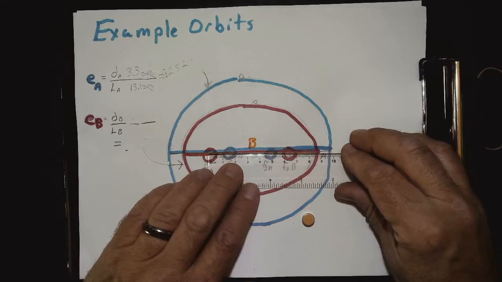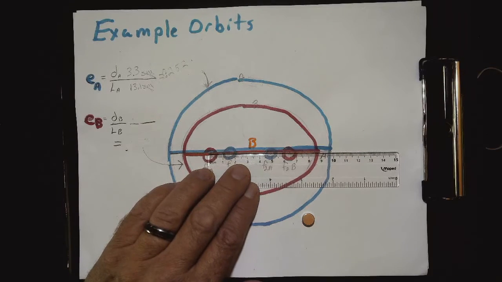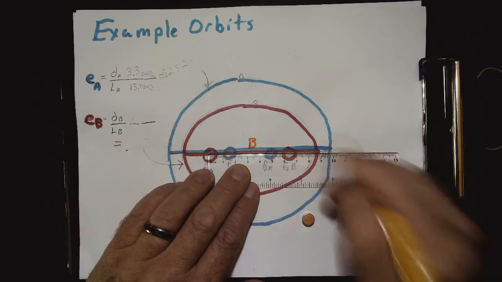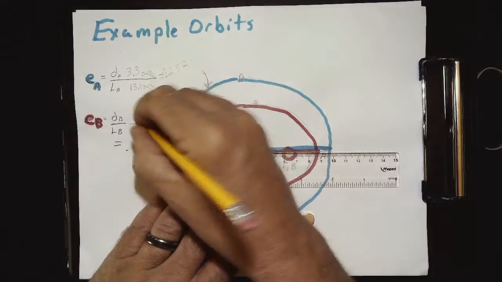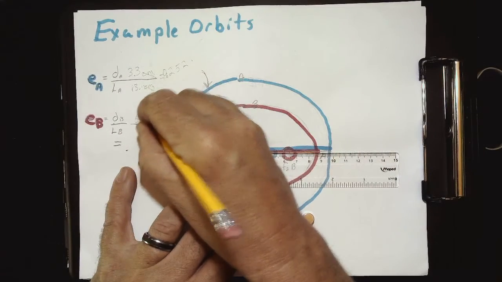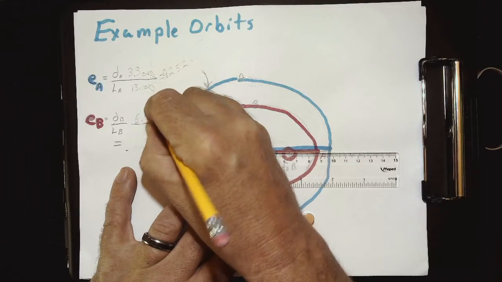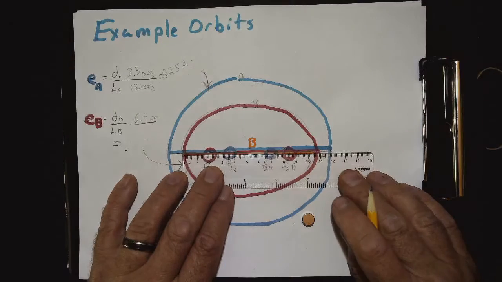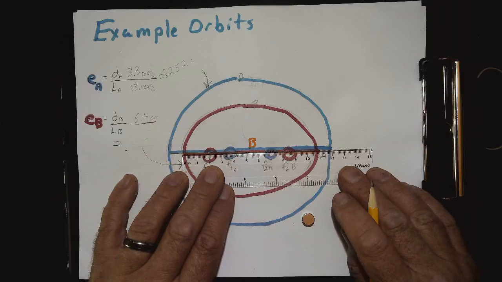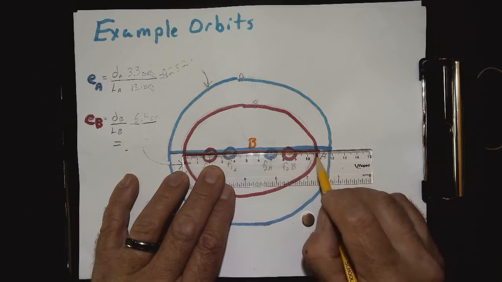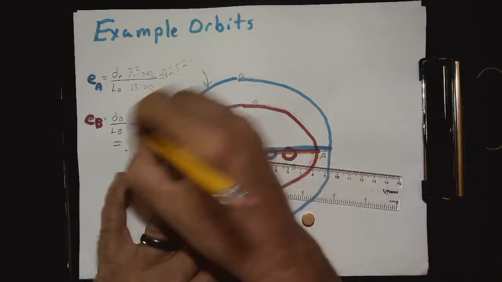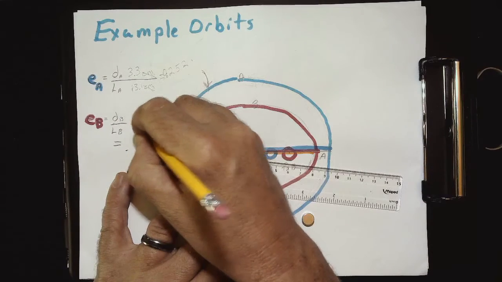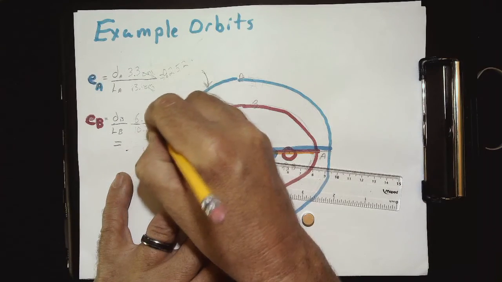Okay, always in centimeters. So here it looks like I have about 6.4 centimeters. And the length of the major axis looks like 10.7 centimeters.